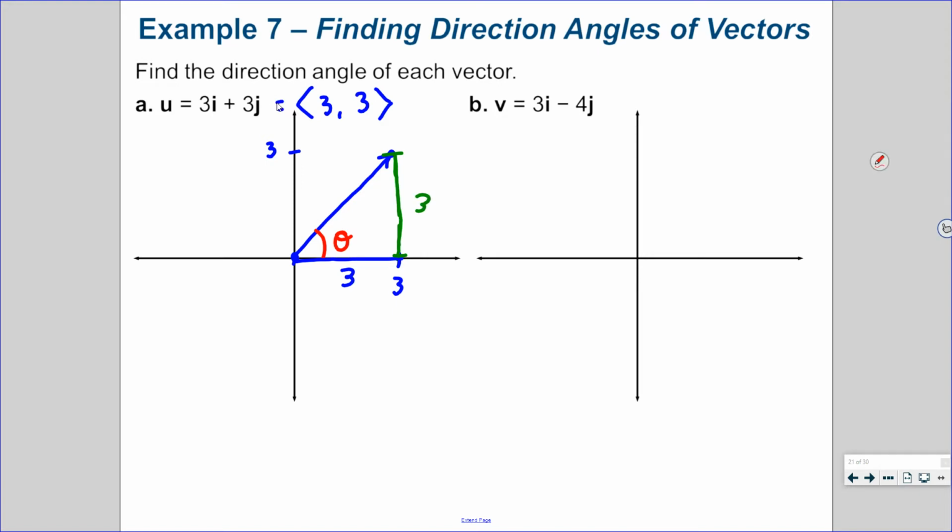Using right triangle trig, how could I find theta? Pythagoras would give me the magnitude of the vector, if I wanted to find that, I could use Pythag. How would I actually figure out the angle? Tangent. I like that idea. Tangent of theta. Tangent of theta is 3 over 3.